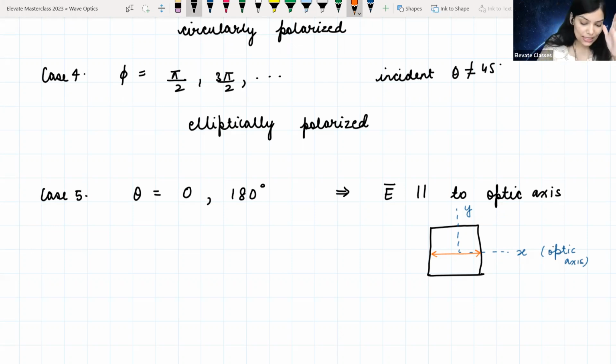So in this case, I will not have any change in the polarization because polarization change करने के लिए मुझे 2 rays चाहिए जिनके बीच में phase difference हो. But इस case में तो सिर्फ एक ही ray है, okay, which is parallel to the optic axis. इसका कोई non-zero component नहीं है along Y. Therefore, I cannot change the state of polarization for such an incident light. Okay, so here, no double refraction.